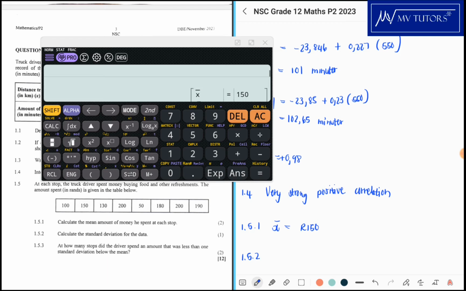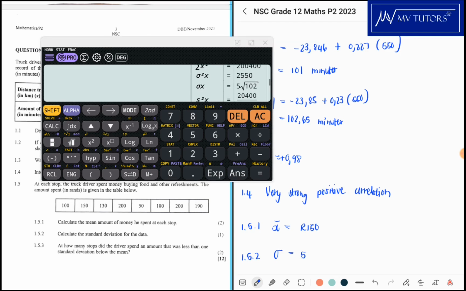Okay, and now it says calculate the standard deviation for the data. So standard deviation, it would be that sign. Okay, so in this case, the standard deviation would be this 5 root 102. Okay, wow, this calculator gives you everything. Well, in the test, you won't have this kind of calculator.